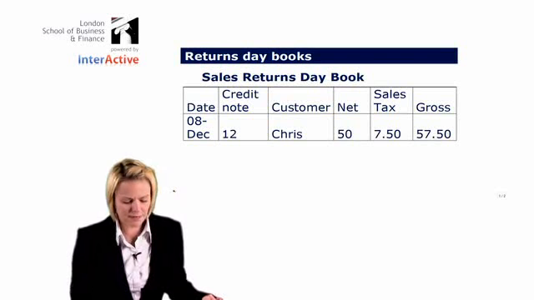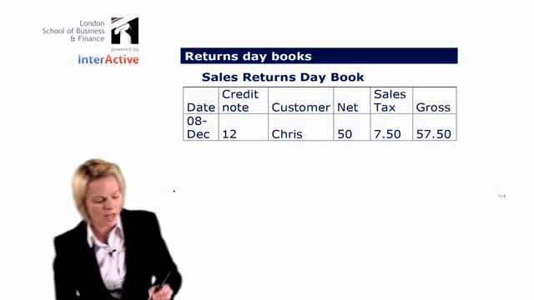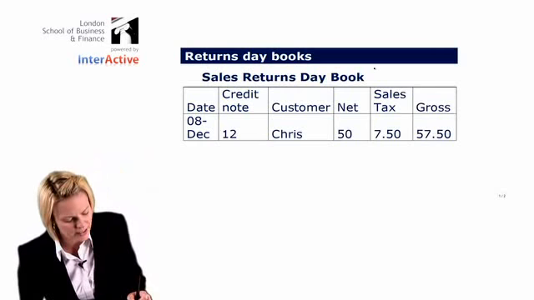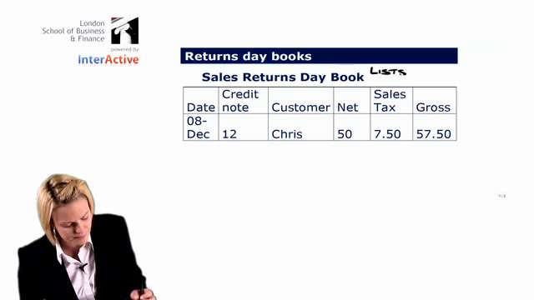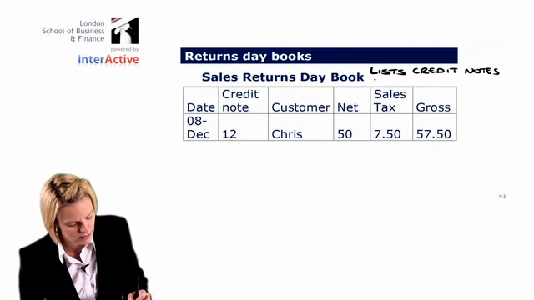So let's first have a look then at the sales returns day book. And if you remember from our first video of this chapter, we said that that lists credit notes sent to customers.